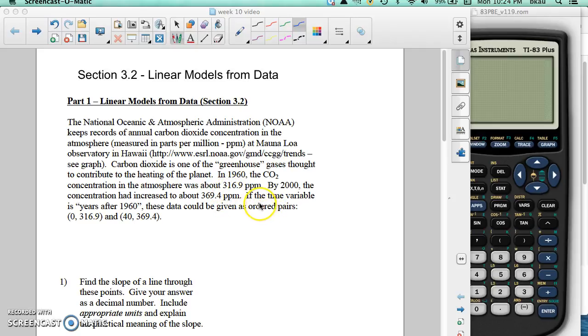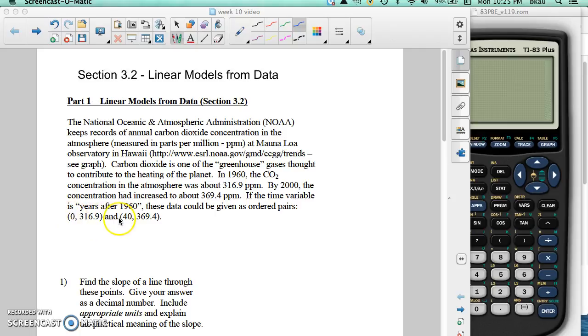All right, in this case we're going to use these variable, the value of x here, or in this case could be time. We're going to let that be the years after 1960, so that means we're not going to use 1960, but we're going to use 0 for that year.